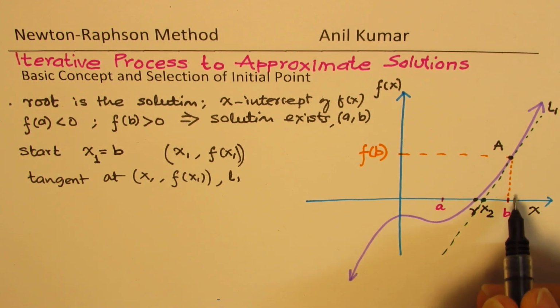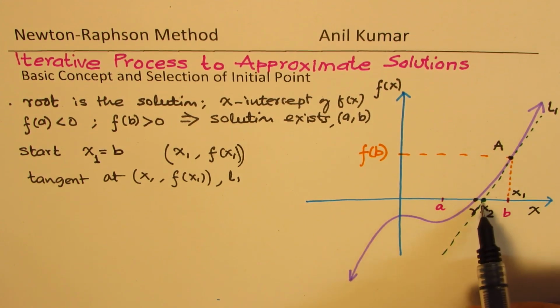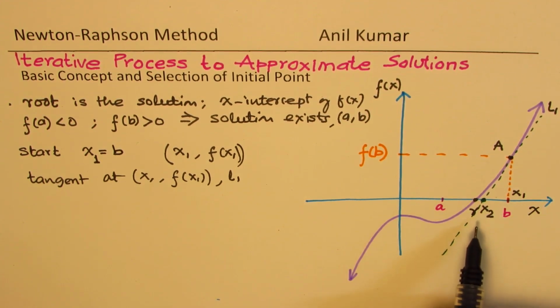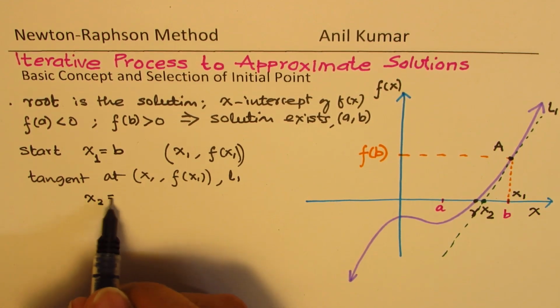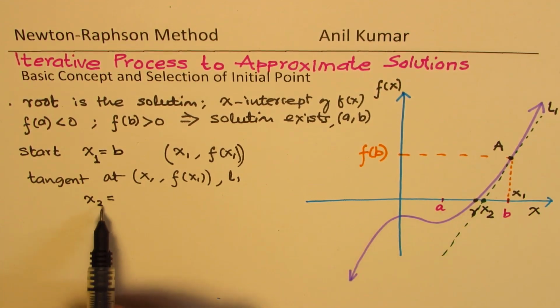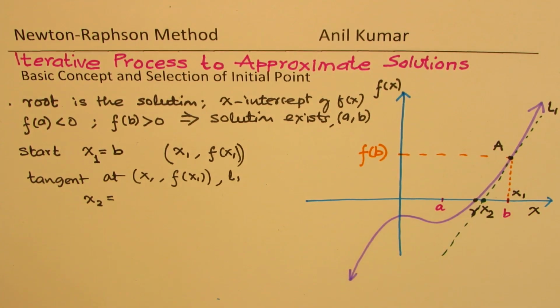So the first point we took was at b. The second we took as the intersection of the tangent with the x-axis. So that x-intercept, x2, becomes our second point, right? So x2 is basically a point which is closer to the real solution, right?